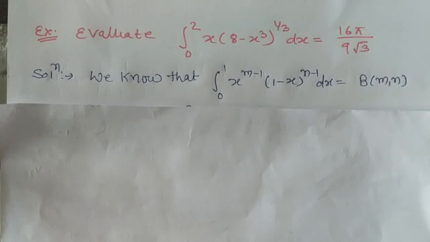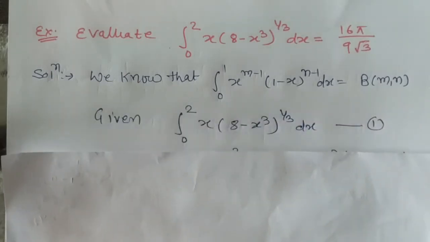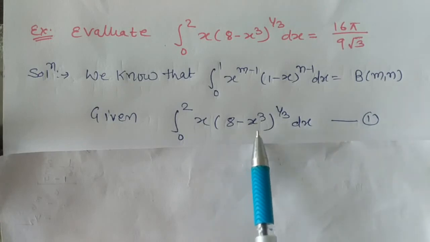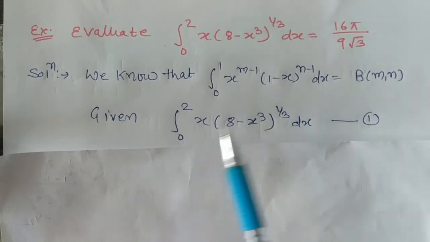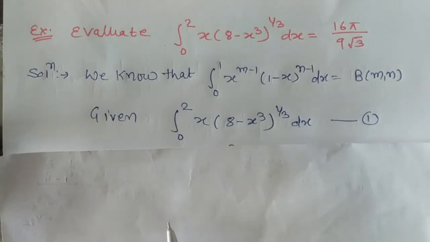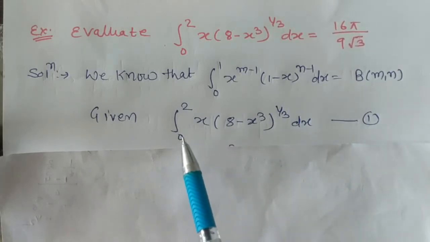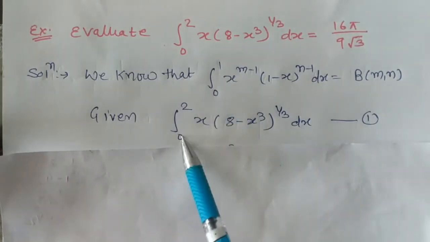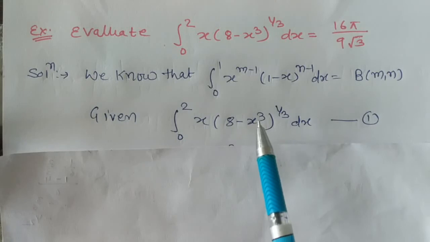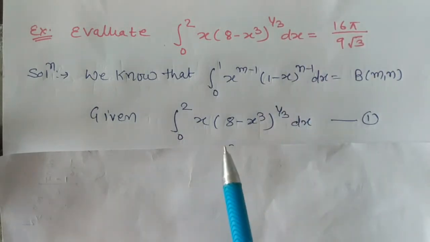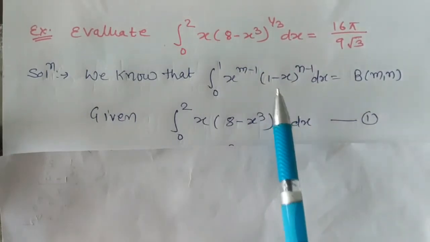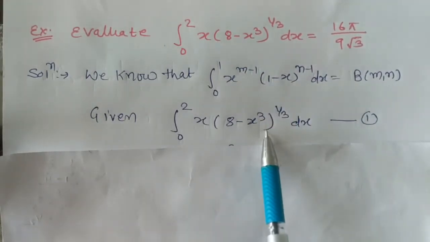Now the given integral is the integral from 0 to 2 of x into (8 minus x cube) whole power 1/3 dx. So here neither is the limit of the integral 0 to 1, nor does the bracket term contain the variable to power 1, because in the standard form we have 1 minus x in the bracket and here we have 8 minus x cube.